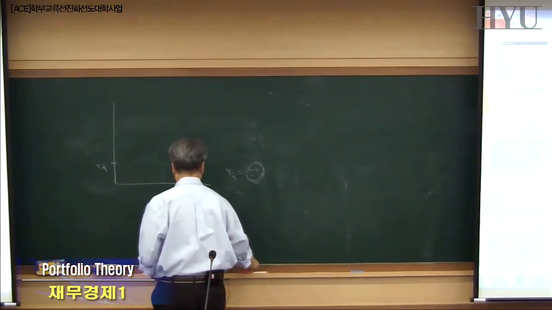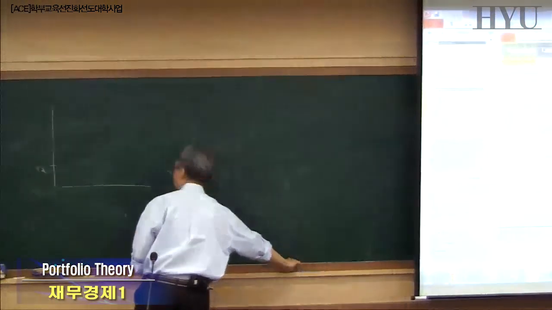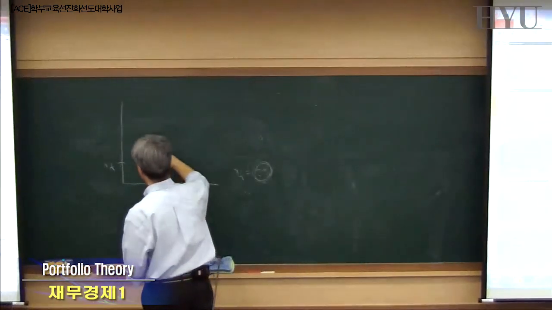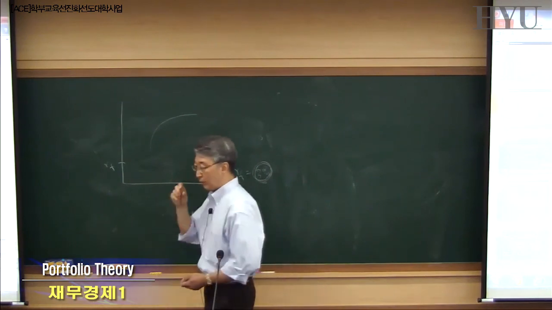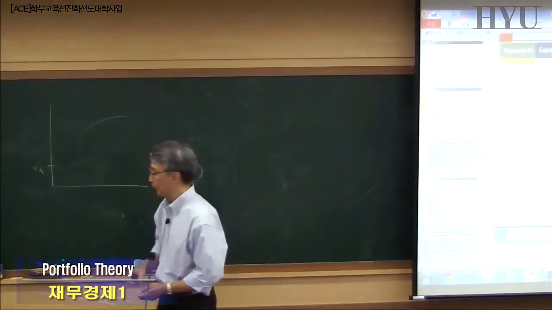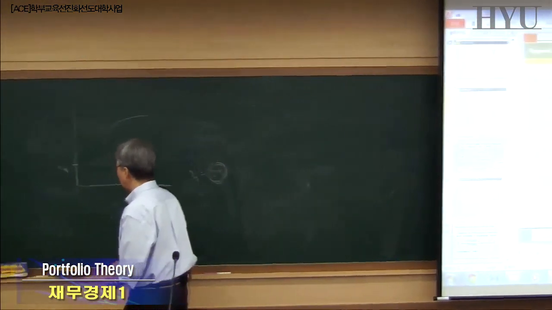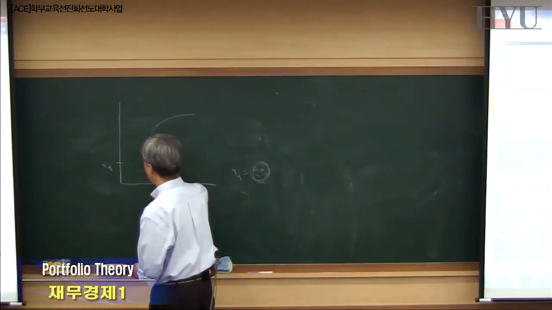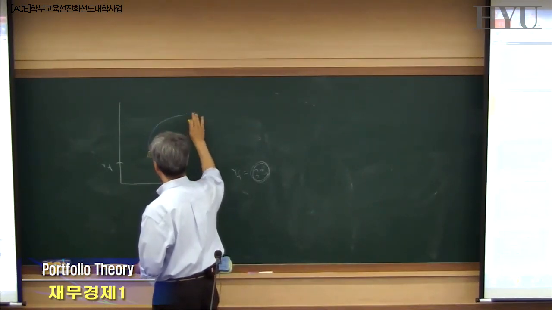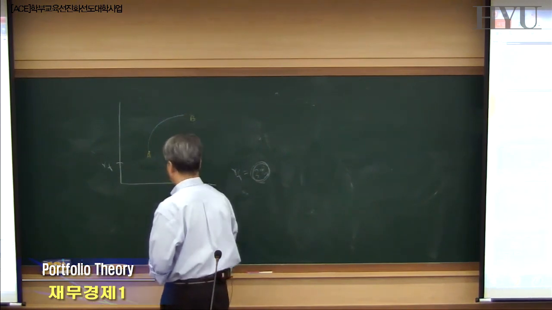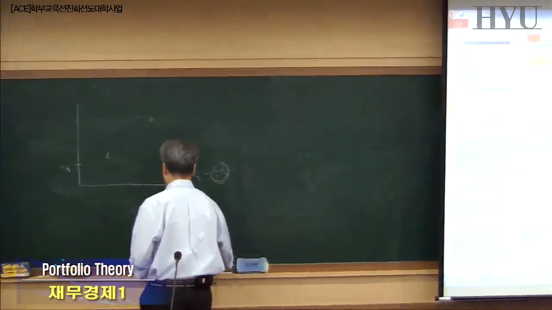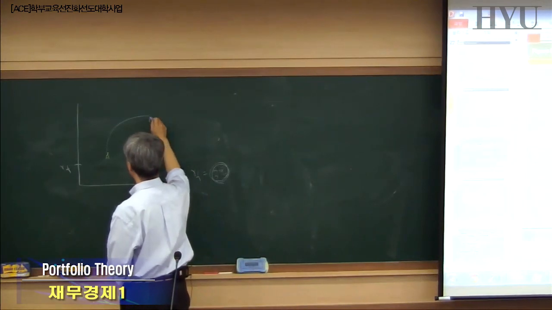And let's say we have the efficient frontier going like that, okay? And any portfolio is efficient. I mean, between, let's say, A and B.